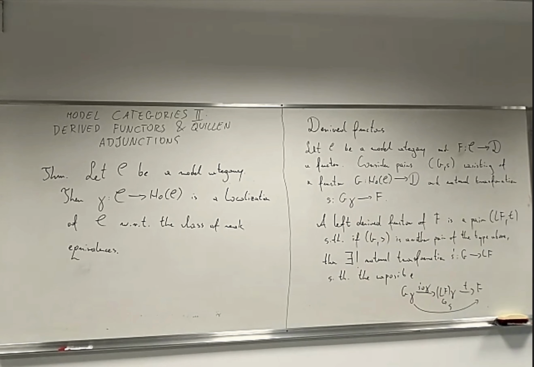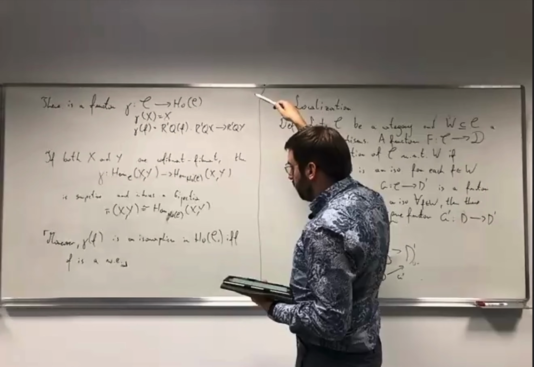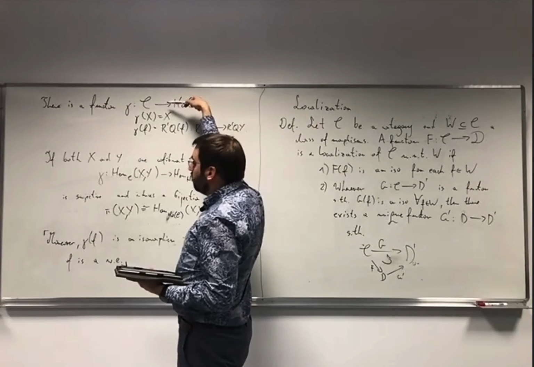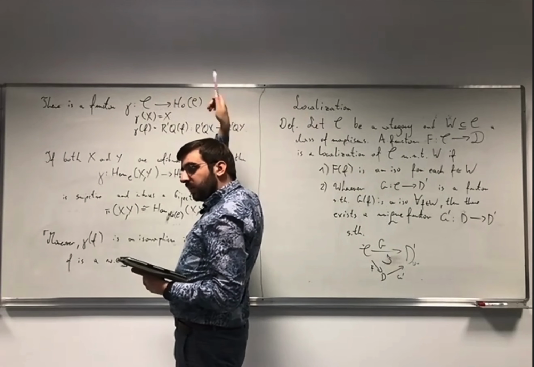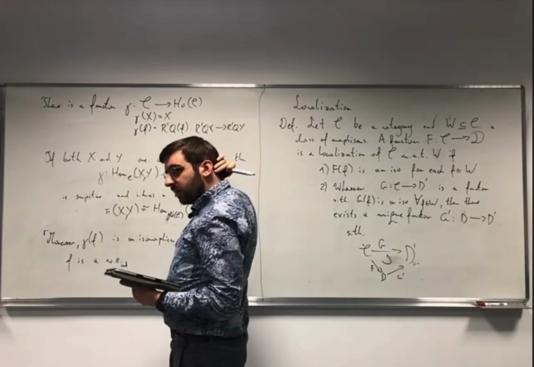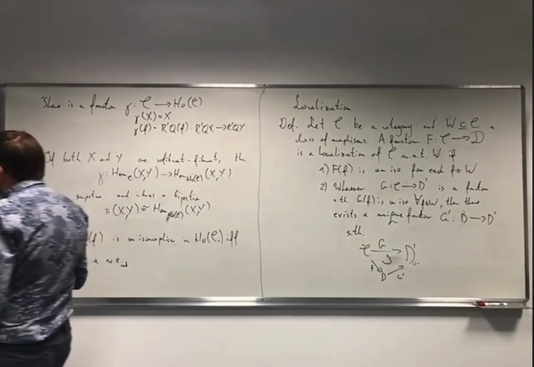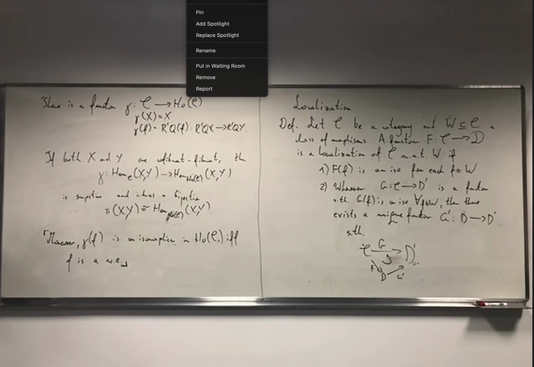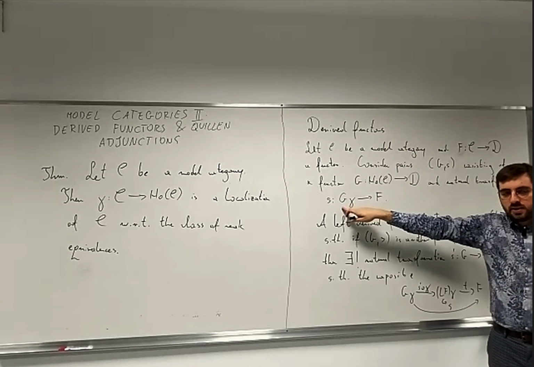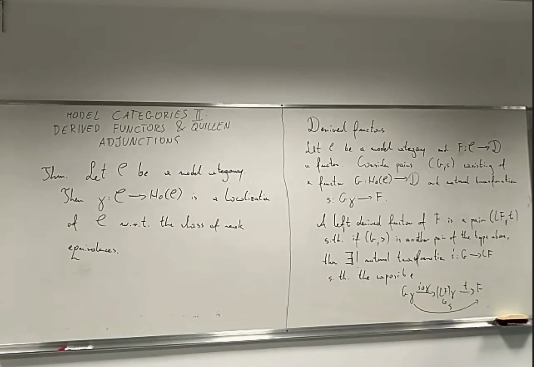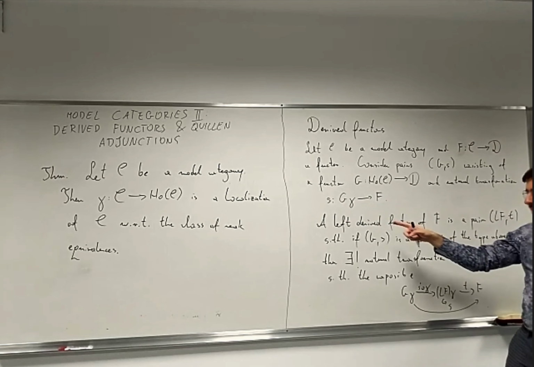Gamma is a functor defined over here. So gamma is a functor from a model category to its homotopy category. So G gamma is: I'm going firstly to the homotopy category and then I'm going to G. It's just a composition of functors.